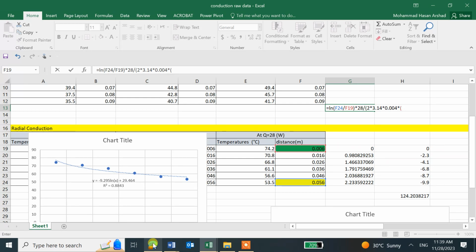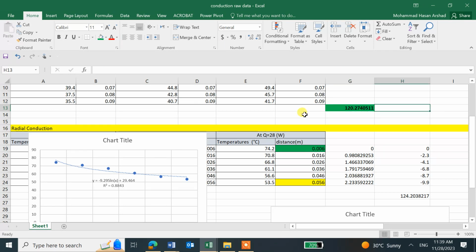The temperature difference is inner minus outer. So I am getting around 120, and the reference value is around 120 to 125. Just check it. So this is one way we can find the thermal conductivity.